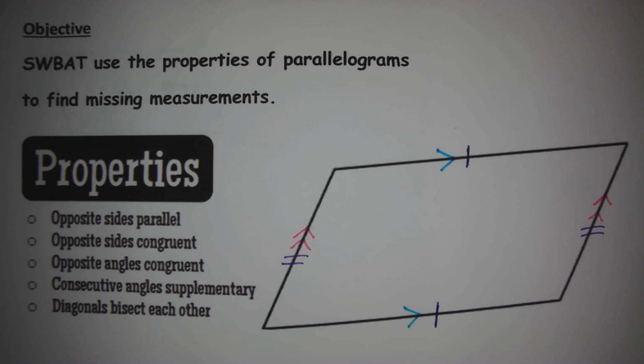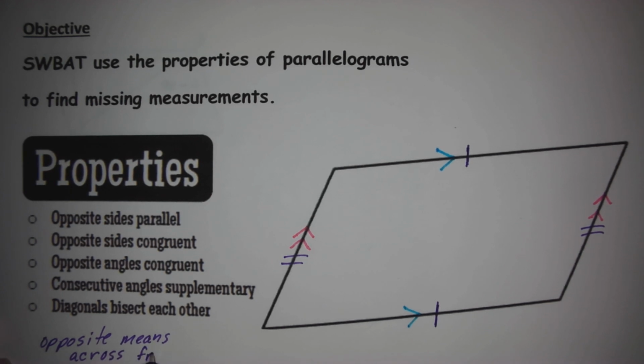Next, we have opposite angles. Opposite angles are across from each other. So one thing we might want to make a note of is that opposite means across from each other.